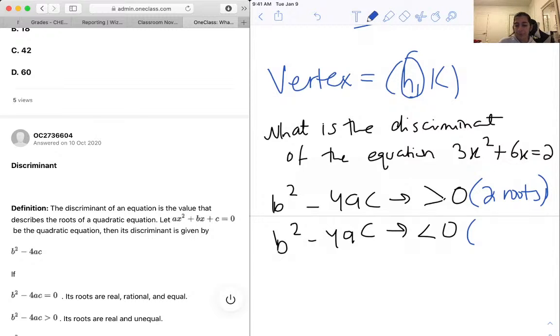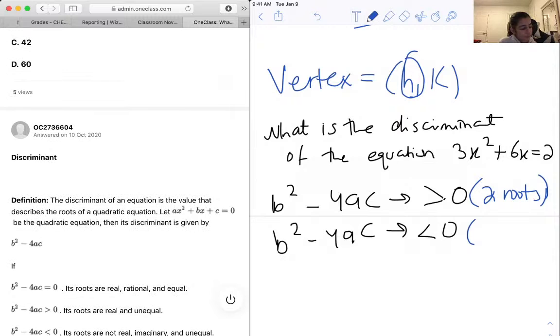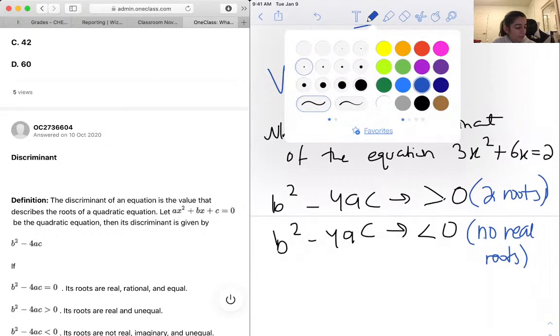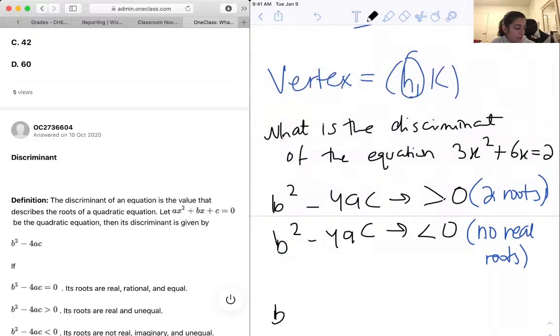Okay? And lastly, if we get b squared minus 4ac is equal to 0, then we have one real equal root.